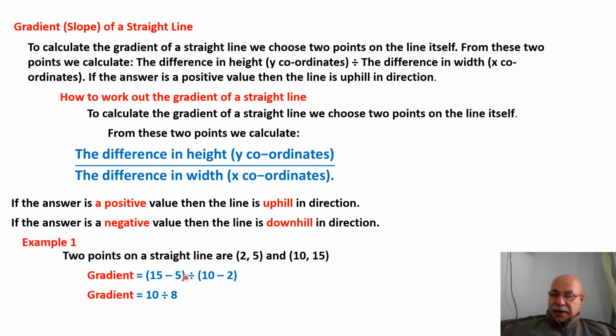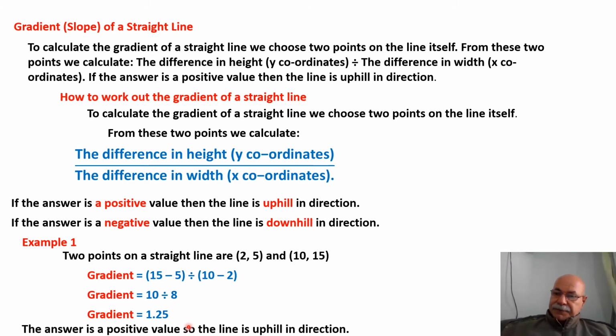After simplifying we have 10 divided by 8, so the gradient is 1.25. The m is 1.25. The answer is positive, so the line is uphill in this direction.